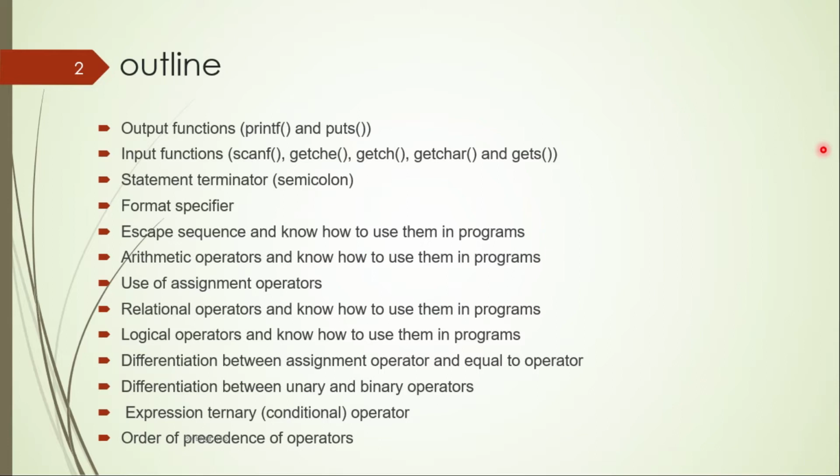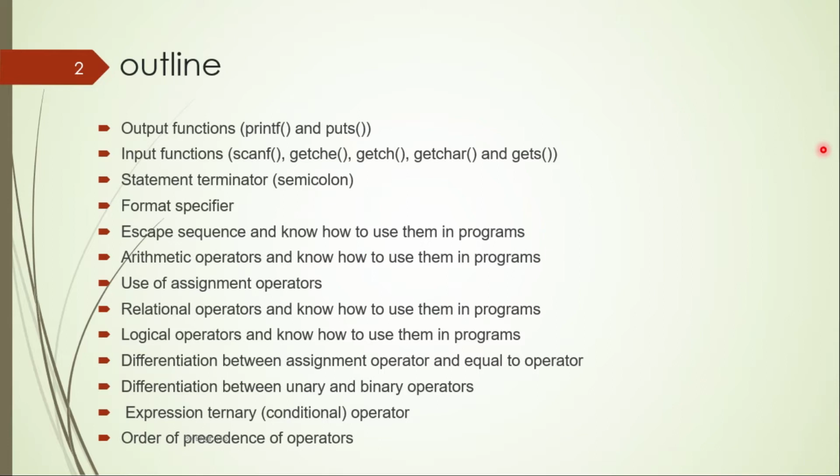Firstly, we will discuss what output functions are in C, different input functions which are most commonly used in C, statement terminator in C, format specifiers, escape sequence, and also we will learn how arithmetic operators are used in different programs of C. We will also see the use of assignment operators, relational operators, logical operators, and equal to operators.